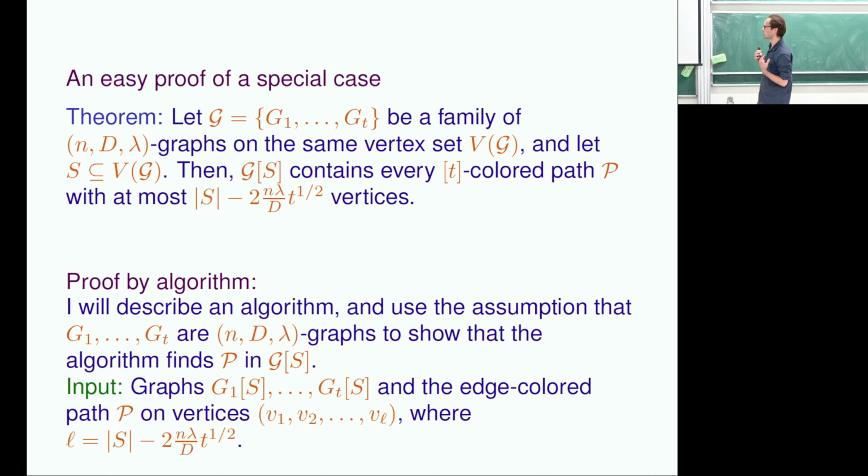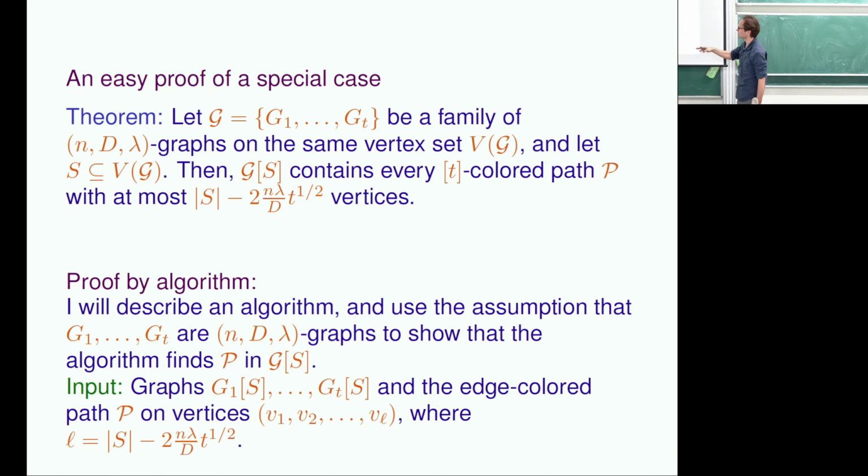The input to the algorithm are the t different graphs, each one being an ND lambda graph, a set S, and a path P. What we'll do is find the given path P, with the specified edge labels, in the different graphs.